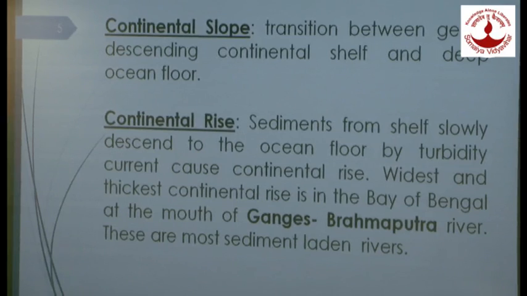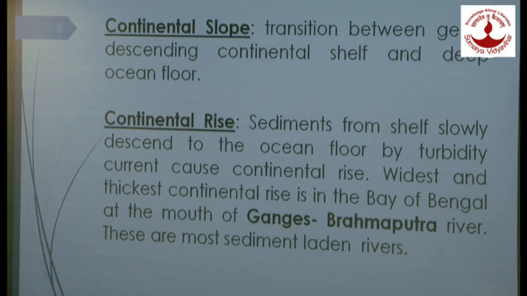So continental rise is sediments from the slope slowly descending to the ocean floor by turbidity current and causing the continental rise. The widest and thickest continental rise is in the Bay of Bengal at the mouth of the Ganges and Brahmaputra rivers. These are the most sediment laden rivers, the Ganges and Brahmaputra.